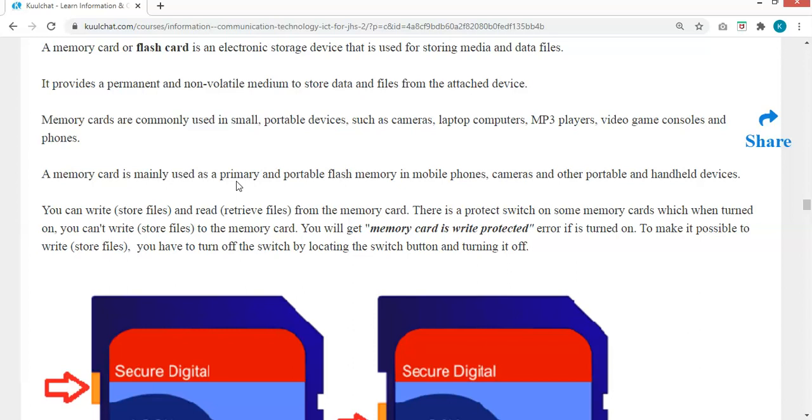If you want to transfer them to the computer, you can just take the memory card and slot it into your computer. Or once you connect your digital camera to your computer, you can see the contents of the camera, which is the SD card or memory card, so you can have access to those files.